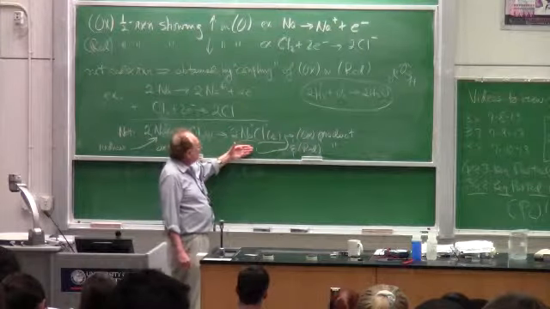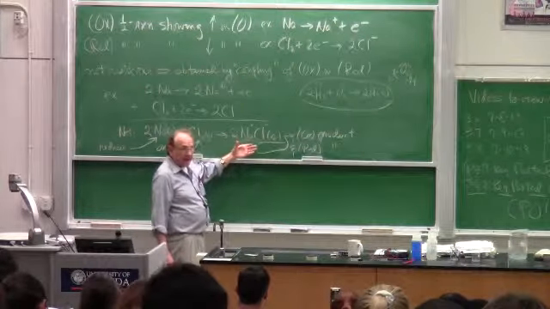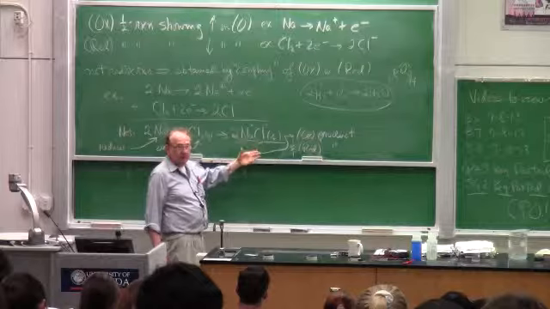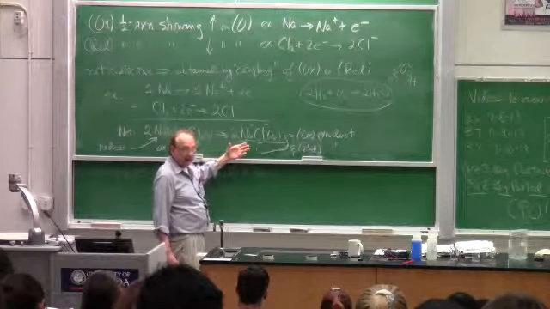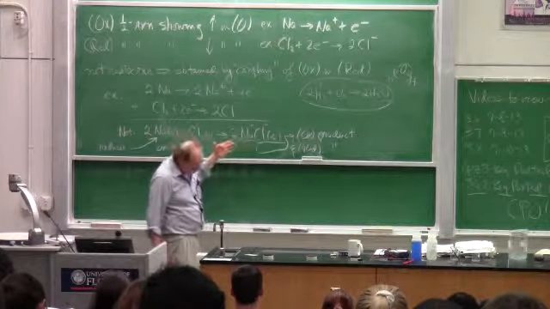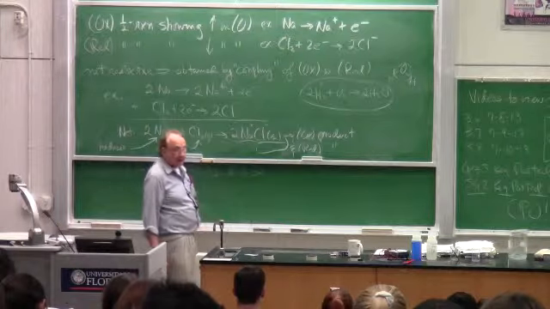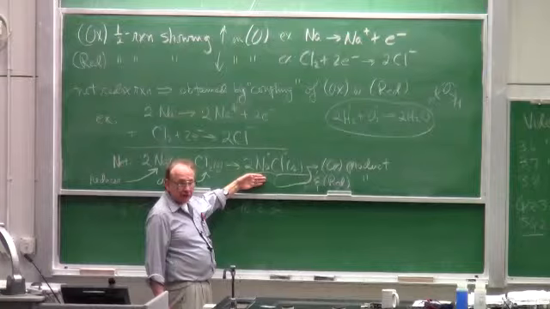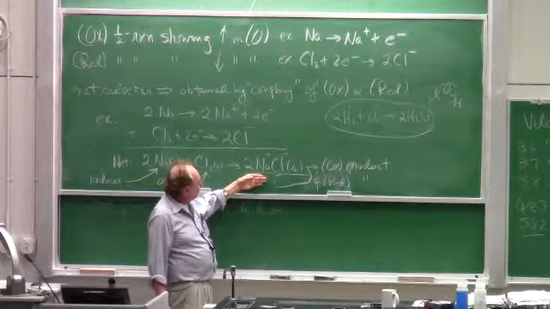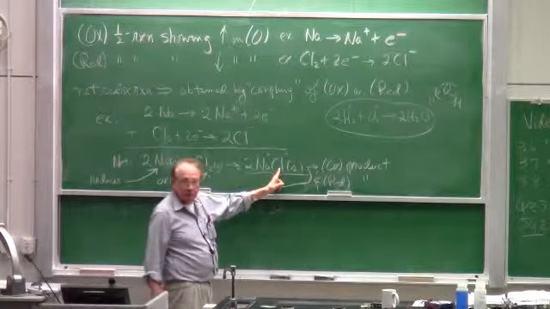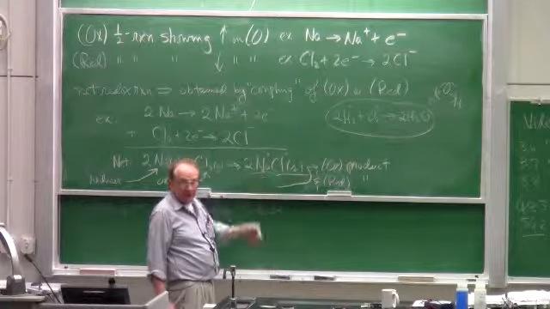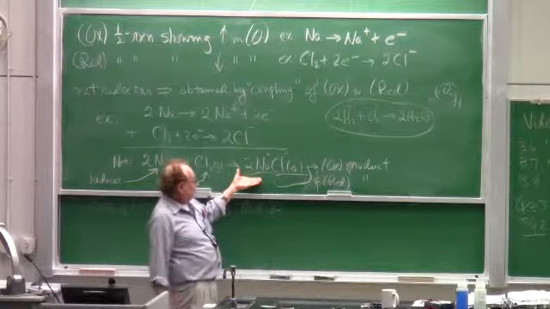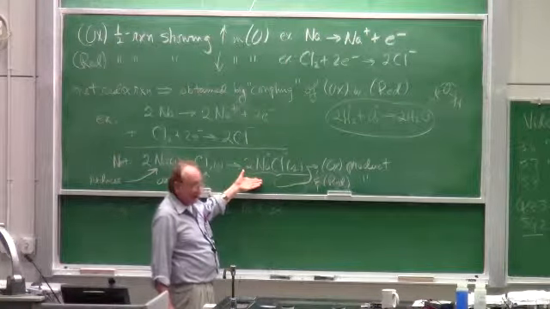Now, if you went on to say that sodium chloride is the oxidation product because it contains the material which was produced by oxidation, namely sodium ion, that's fine. And if you went on to say this is also the reduction product because it contains the material which was produced by reduction, that's fine. But this is the oxidation product as well as the reduction product.